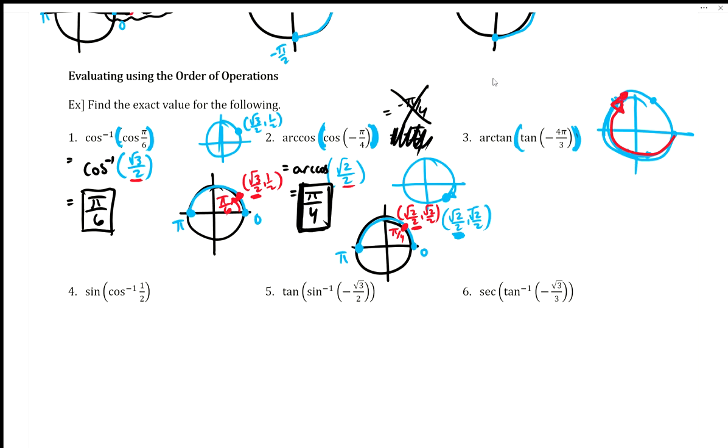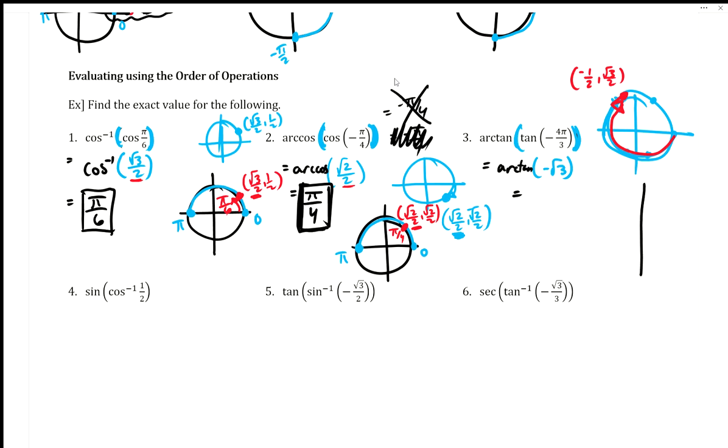So we've got tangent of negative 4 pi over 3. A 3 in the denominator means we have negative 1/2 and positive radical 3 over 2 as our terminal point. Dividing my y-coordinate by my x-coordinate, we do get negative radical 3. So we have arctan of negative radical 3.